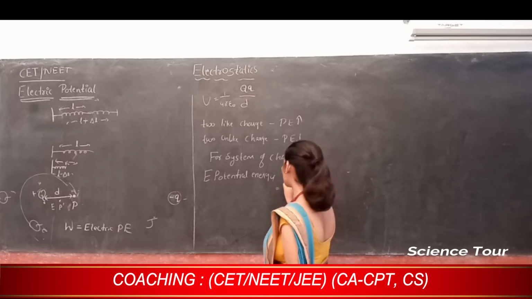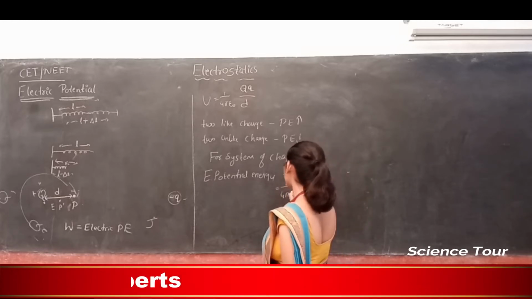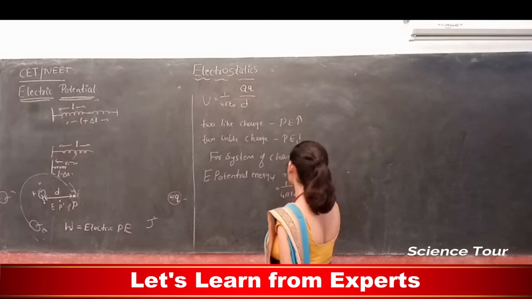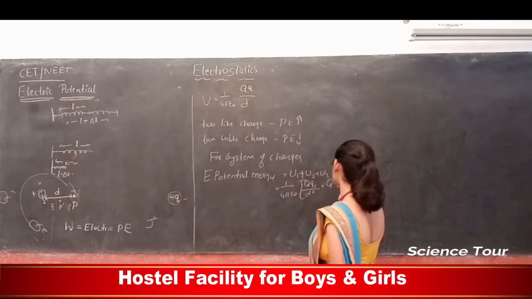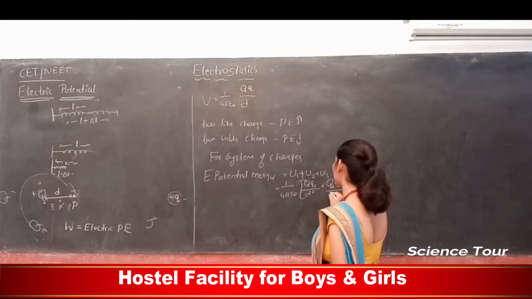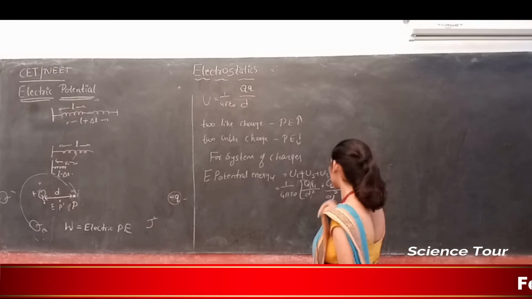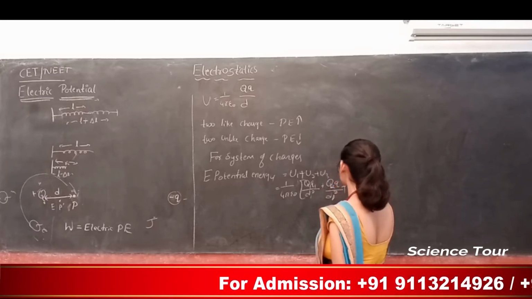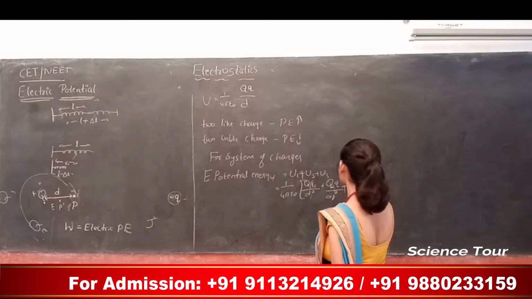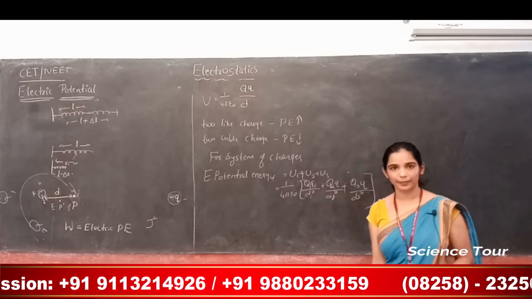Which will be equal to 1 by 4 pi epsilon naught, Q into Q1 by d square, plus Q into Q2 by d2 square, plus Q3 into Q divided by d3 square.